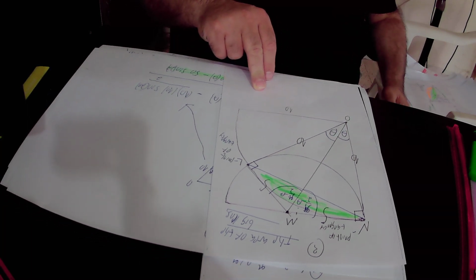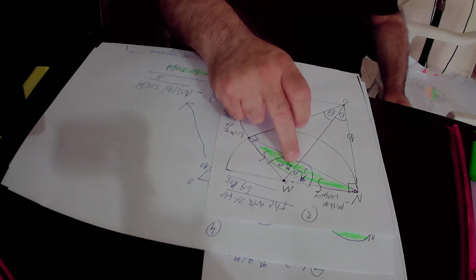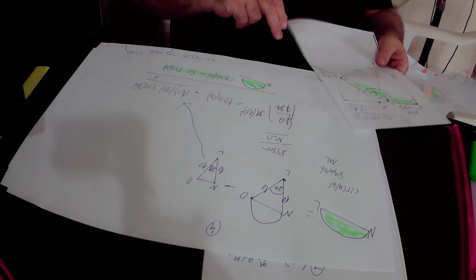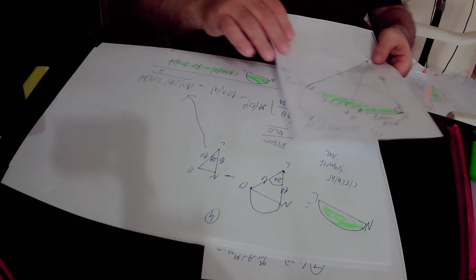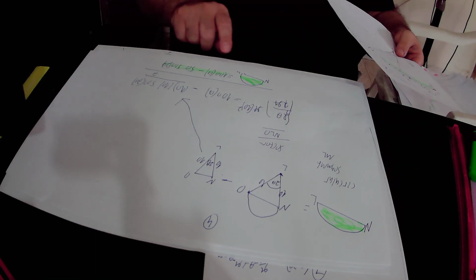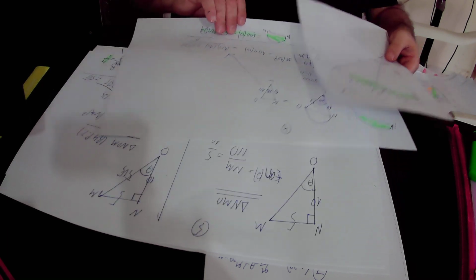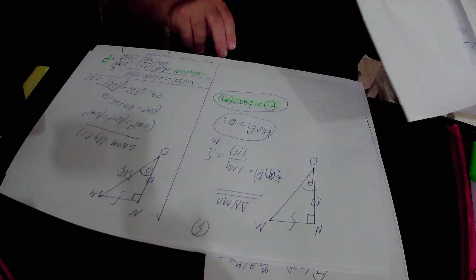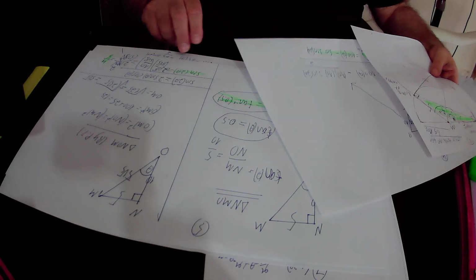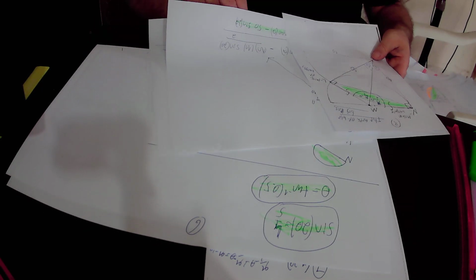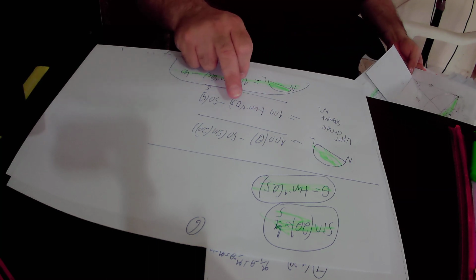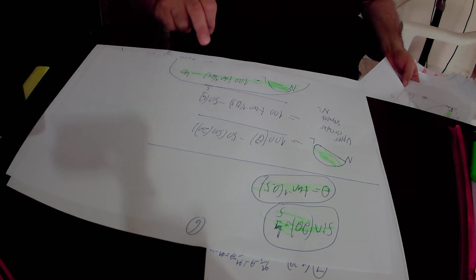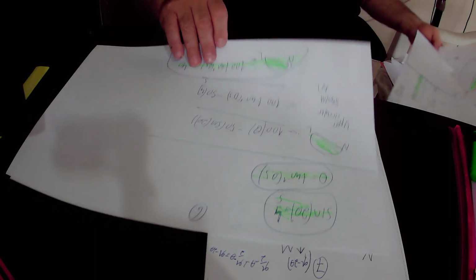So in the first step, we calculated the area of the upper circular segment, and the area of the upper circular segment of the big lens is equal to 100 times theta minus 50 times 100 times sine of theta minus 40.